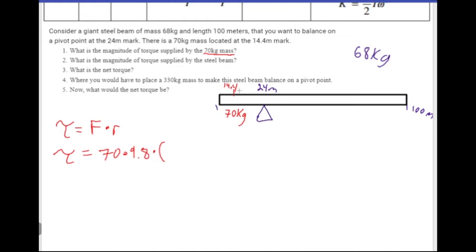R means the distance between the pivot point. So if we have our distance right here of 14.4 meters and the pivot point is 24 meters away, that means that the distance between those two is 24 minus 14.4. When we do this, we're going to go ahead and solve, and we find out that our torque should be 6,585.6 Newton meters.